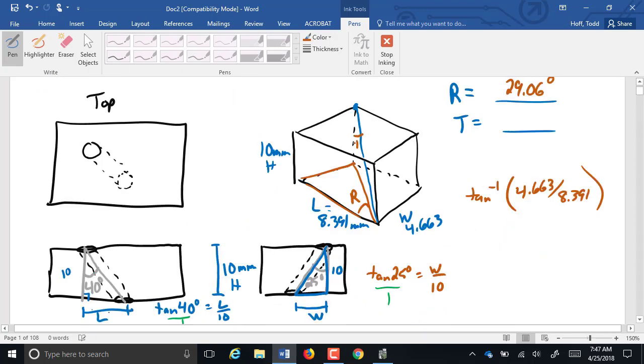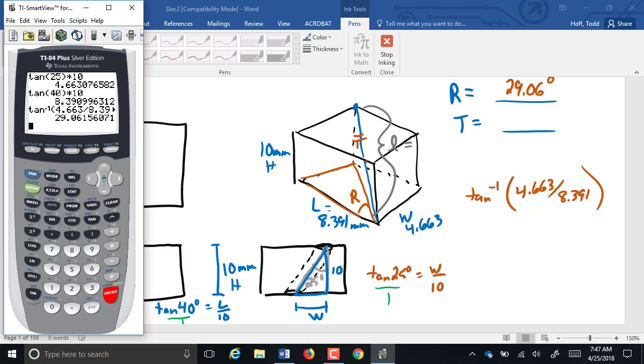T, this angle here, is going to require just a touch more work. To find T, I'm going to find the theoretical length of that. That theoretical length, of course, is the square root of ten squared plus 8.391 squared plus 4.663 squared. That's 13.862.